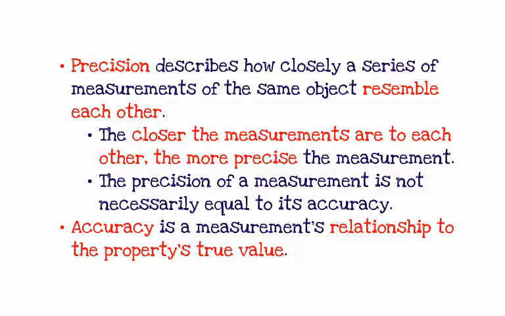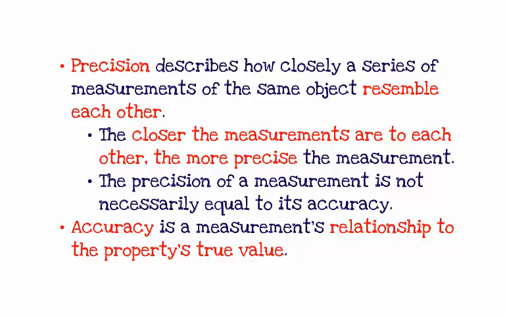So if, for example, you measure something and it's 1.1 grams, 1.1 grams, 1.1 grams, that's a very precise measurement. Doesn't necessarily mean that it is correct. So the closer the measurements are to each other, the more precise those measurements are. The precision of a measurement is not necessarily equal to its accuracy. Okay, so that's what I was saying when it does not necessarily mean that it is correct.